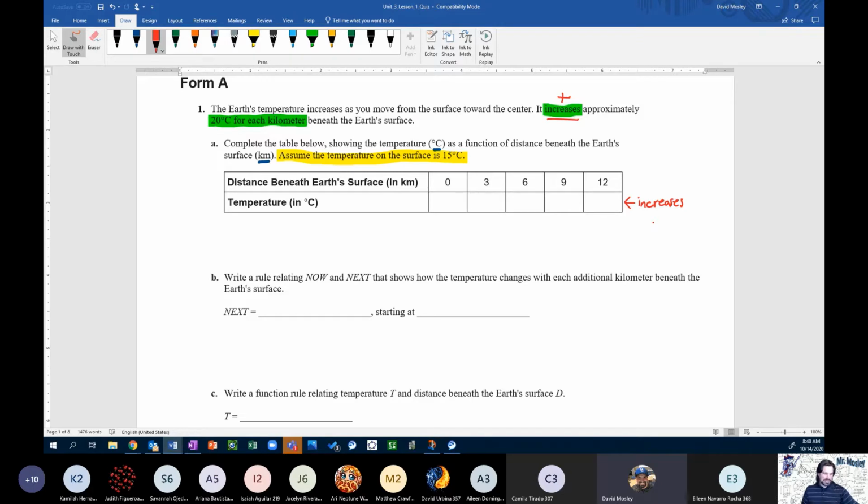There are two special values that I need to have to write a linear equation or a linear function. This is one of them that I've highlighted in green: it's increasing 20 degrees Celsius for each kilometer. Which of the two values is this?